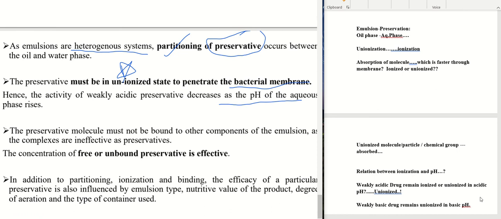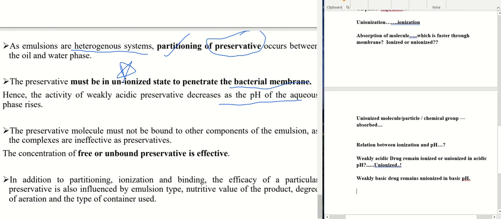So always make sure that if we are adding a weakly acidic preservative, the pH of the aqueous phase in the emulsion should be maintained low, just to make sure the preservative remains unionized and hence penetrates through the bacterial membrane.